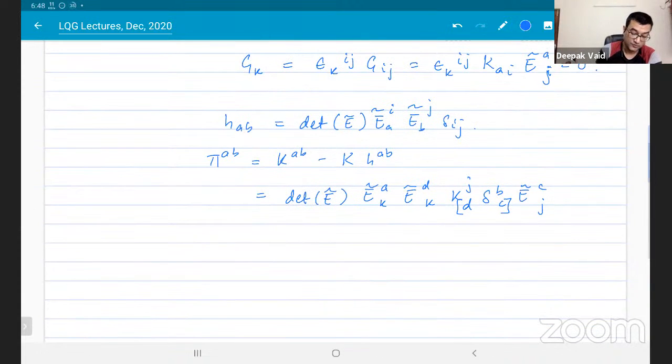Okay, so you take this expression for KAB and HAB, and you find that, well, your momentum variable can be written in this way. All right.